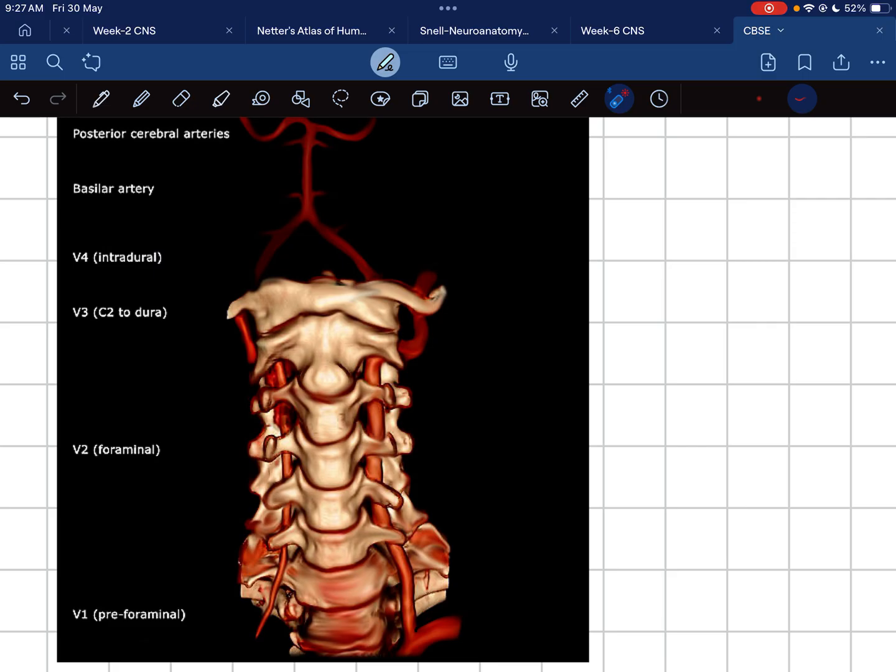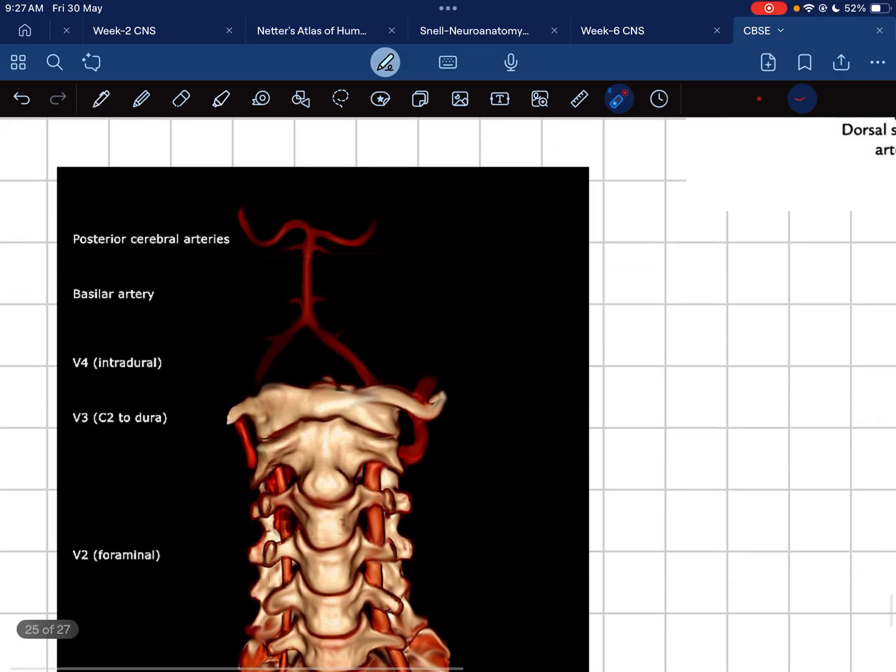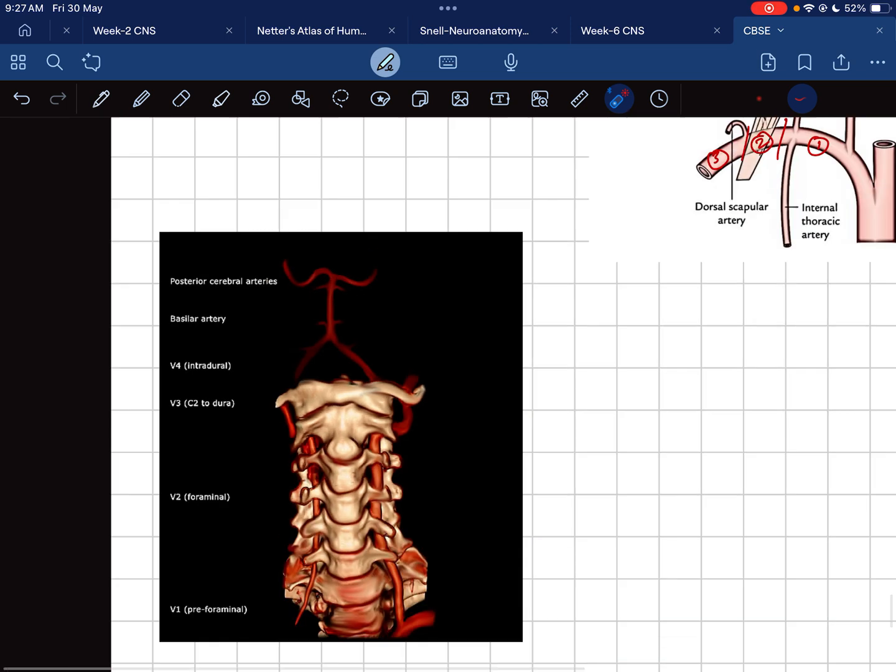Before that it gives some branches that we will discuss later. It continues as the basilar artery in front of the medulla oblongata and goes upward, and it also forms some branches. We will discuss some of these branches later.